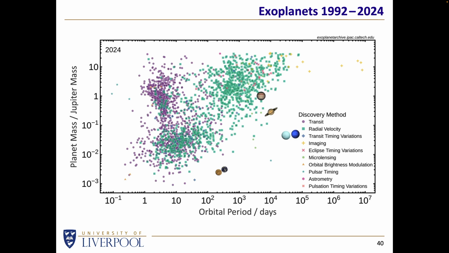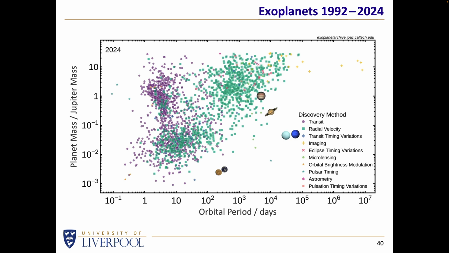We have to do a very careful statistical analysis to say, if we're not likely to see them, then what can we learn from having found this many Jupiters and this many Neptunes and this many rocky planets similar to the Earth? We think it is very likely that Earth-like planets are out there.